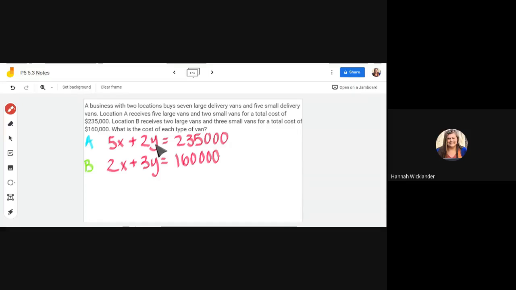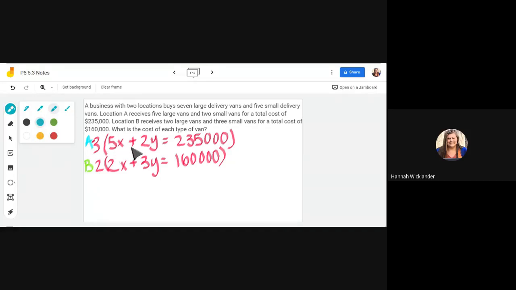I'm going to have to multiply both equations either way. So I'm going to multiply this one by negative 3, and then I'm going to multiply this one by 2. Because I can't multiply either of these to get one of these numbers, I have to multiply both of them to create 2 new equations.